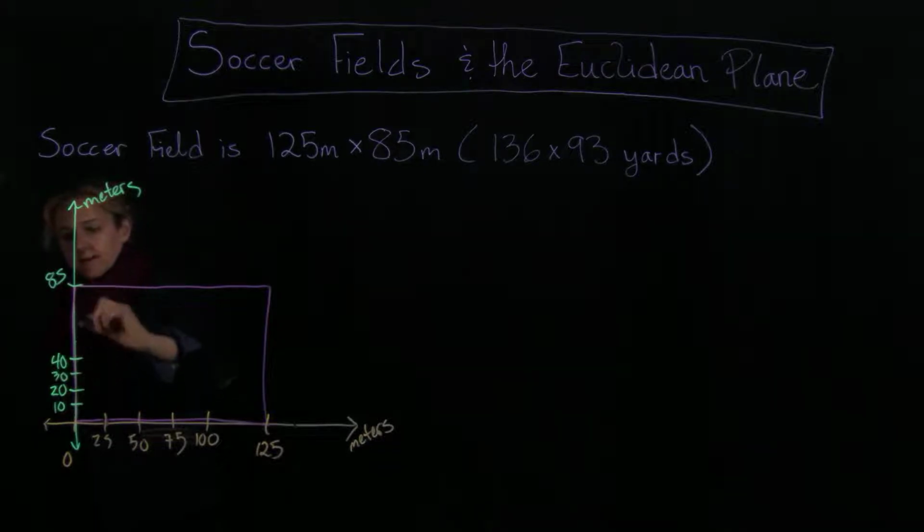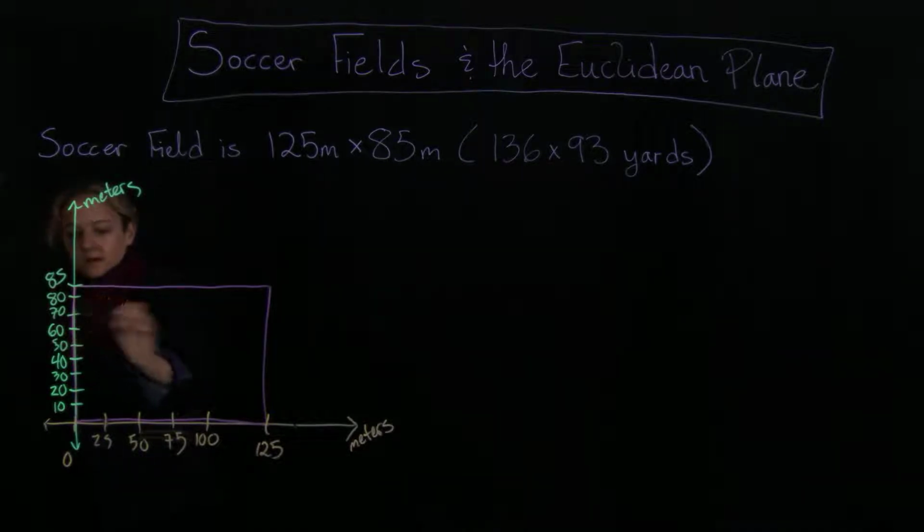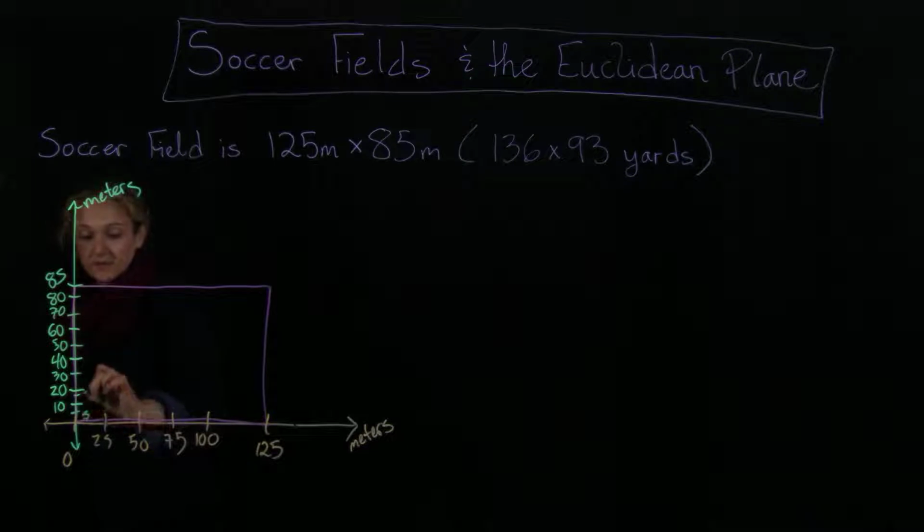And then you would have 40 and so on. Probably you'd want to put the 5s on this side so that it doesn't overcrowd it.